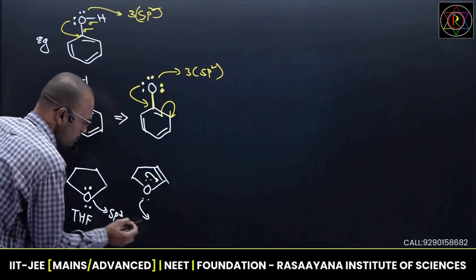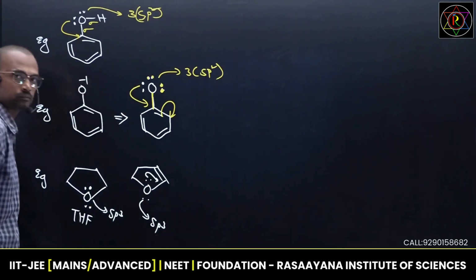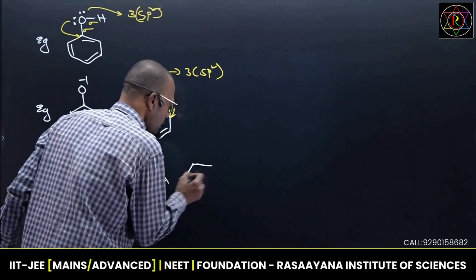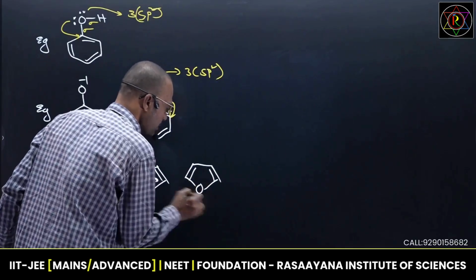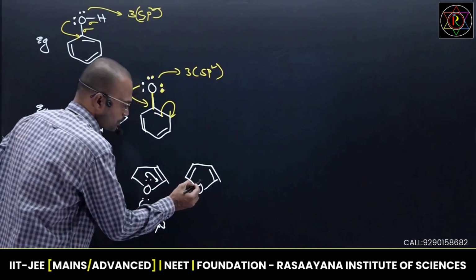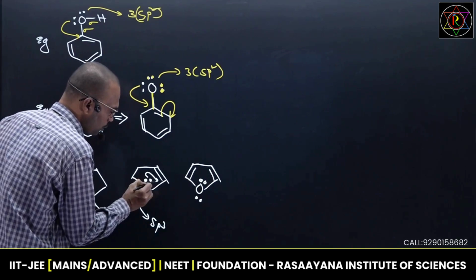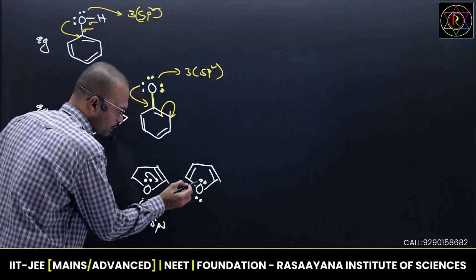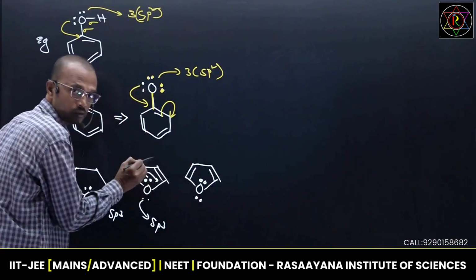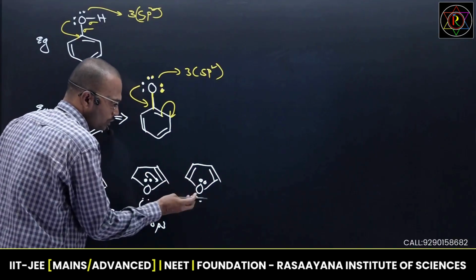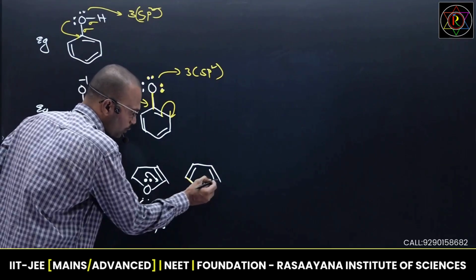So sp3 become sp2. So even though 2 sides, if conjugation is present, don't think that 2 lone pairs are involved back to back. Suppose see, 2 lone pairs are present. This lone pair involved in delocalization with this side. So don't think like this. This is involved this side, this is involved this side. No. If it is under conjugation, we need to ignore only 1 lone pair.